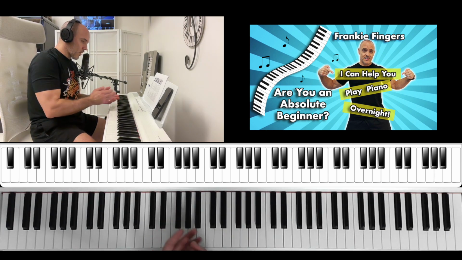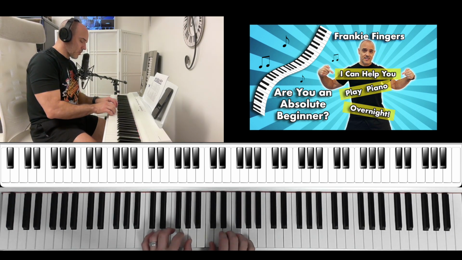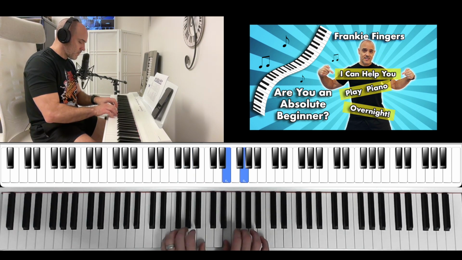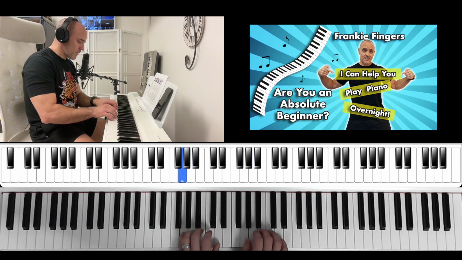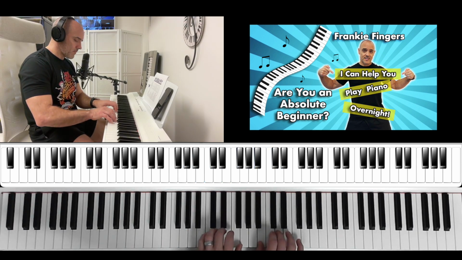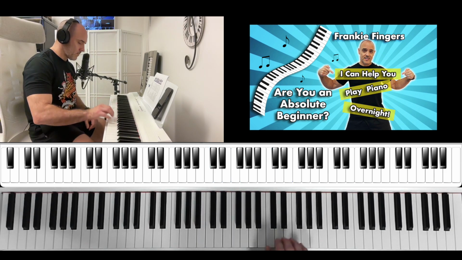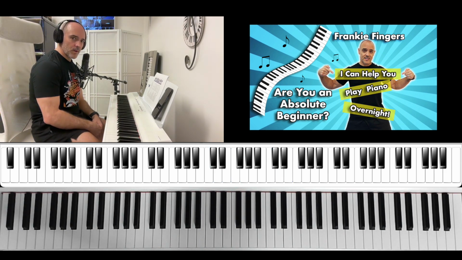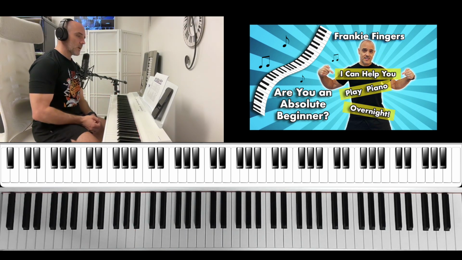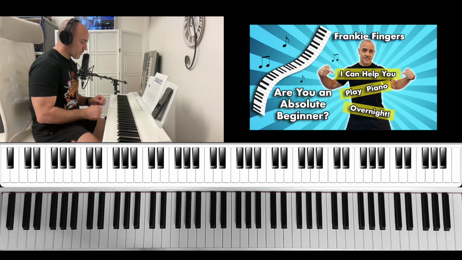Now obviously you don't want that bit of pause in there, so I'll demonstrate it where I just keep going, right? Much better sounding, right? It's sustaining the notes while I'm on that chord and then stopping it when I immediately start the next chord.